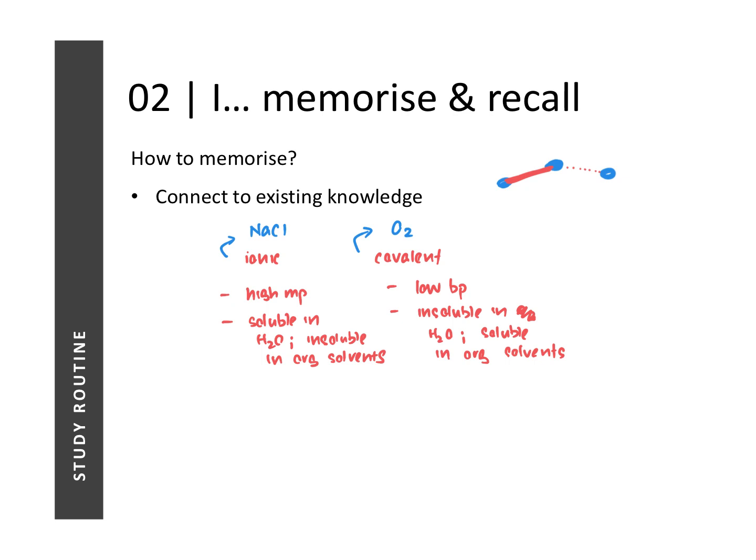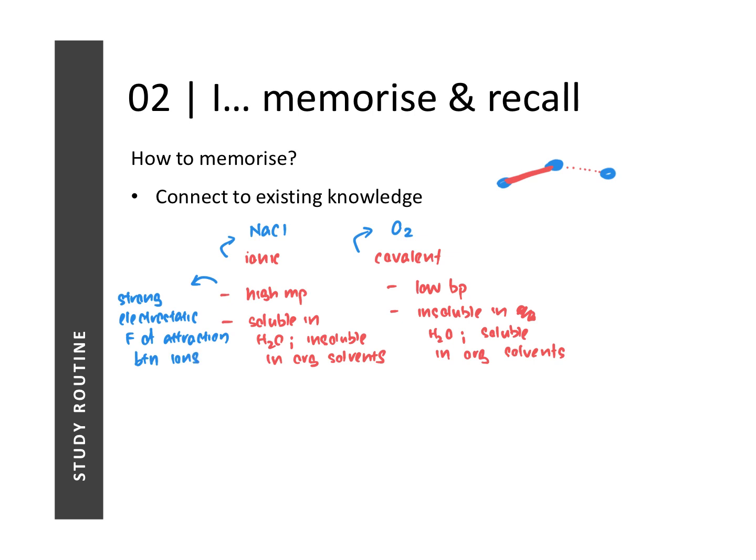Another way connecting knowledge is very powerful and helps you to remember is this. Once we can recall that ionic compounds have a high melting point, for something to have a high melting point, there must be strong attraction between the particles. So that will allow you to link to the fact that ionic compounds have strong electrostatic forces of attraction between ions.